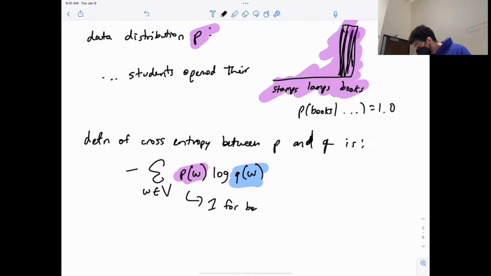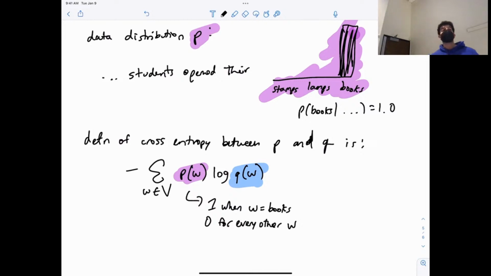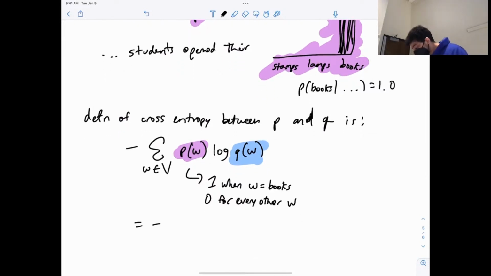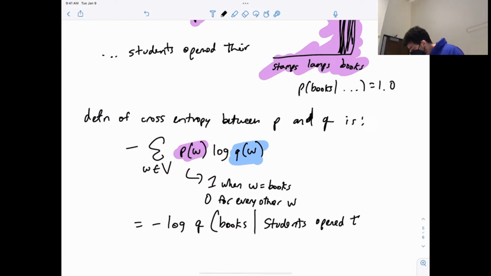It's 1 when W equals books, and 0 for every other W. So when W is books, this is 1, and every other time this is just 0. So this simplifies then to the negative log probability of the model's estimate of books given students opened there, because all the other terms, where P of W is just 0, don't appear. So again, the cross-entropy function for language modeling, when we're using the maximum likelihood estimate to train our model, is just the negative log probability of the correct word.